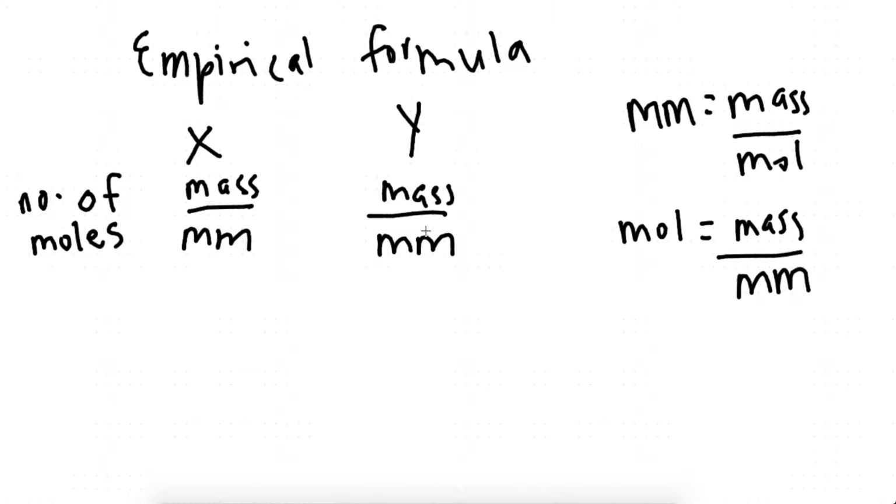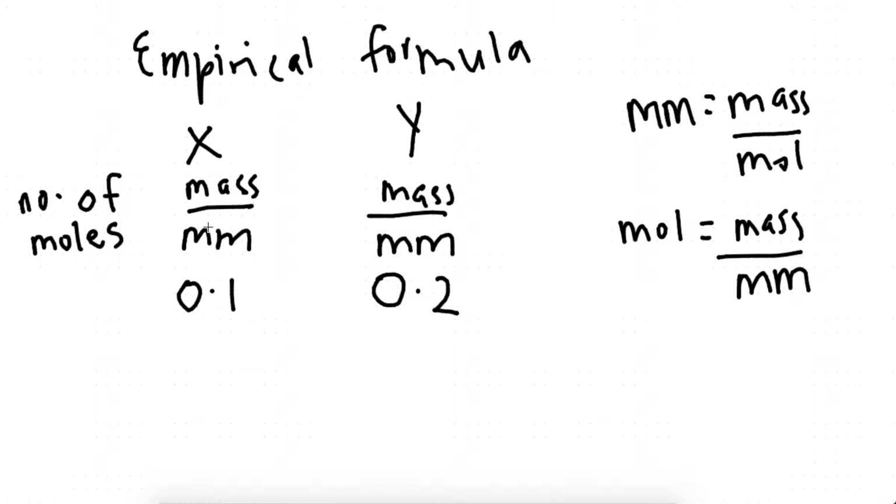Here is the not to say tricky part, but something that the book doesn't really explain very well. What you have to do is determine which has the lower number of moles. Let's say for example the number of moles of X is 0.1 and the number of moles of Y is 0.2.